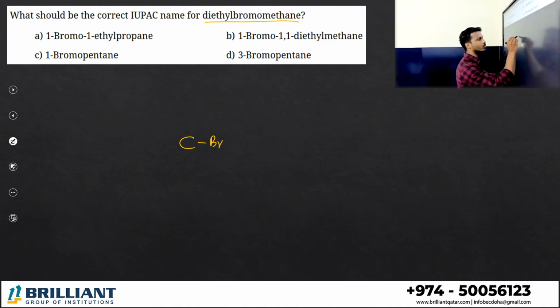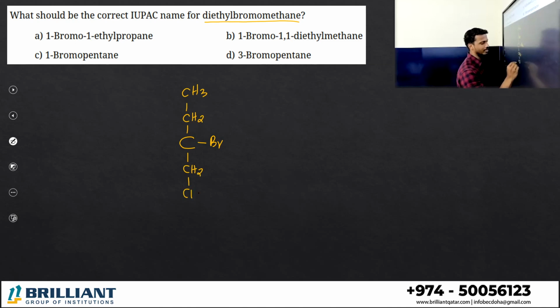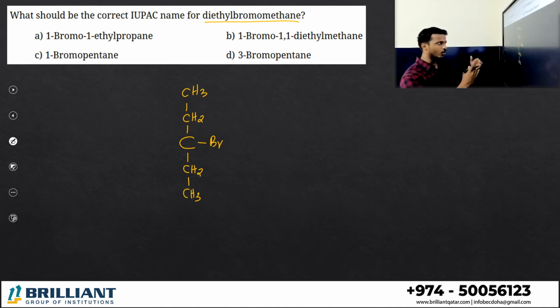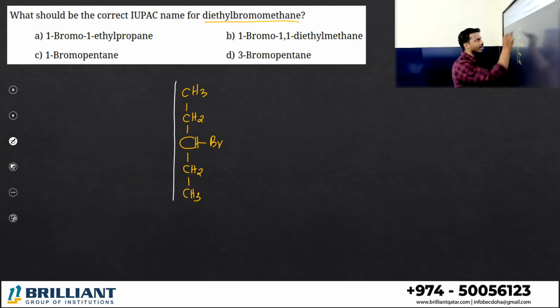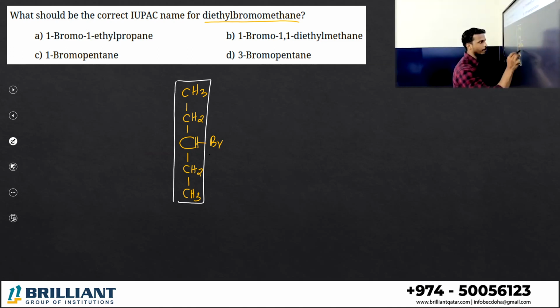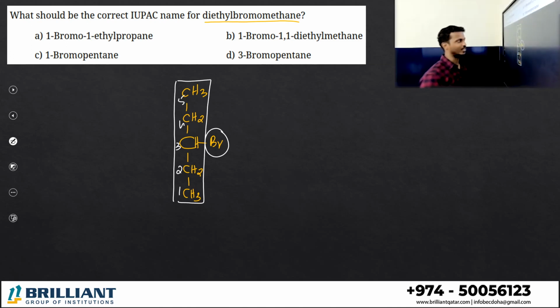So let me place 1 ethyl group above, CH2, CH3, and 1 ethyl group below, CH2, CH3. This is the compound, right? 2 ethyl groups and 1 bromine on a single carbon, so CH. What is the IUPAC name of this compound? Which is the parent chain? This is the parent chain and bromine. Number 1, 2, 3, 4, 5. So third position bromine on pentane. So what's the name?